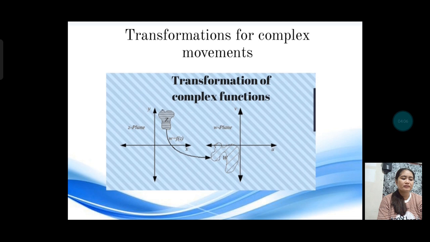The image of z and w is plotted on the other plane, which is obtained after the transformation f.